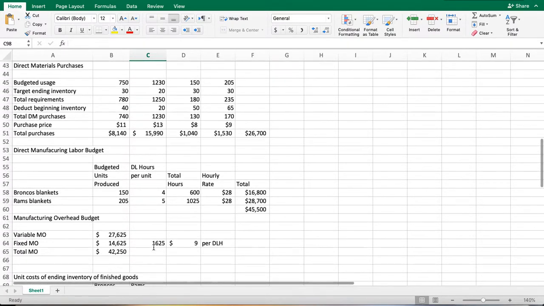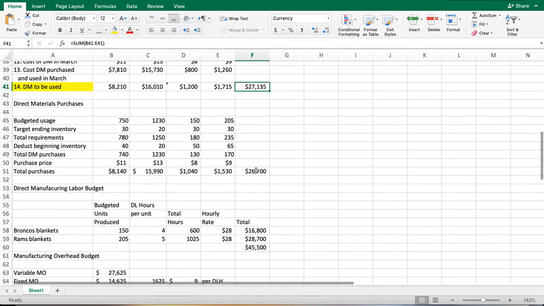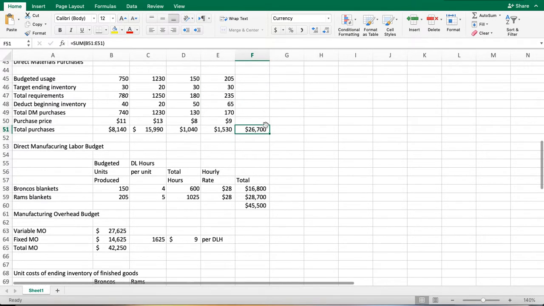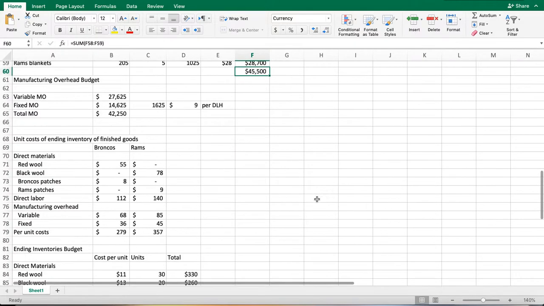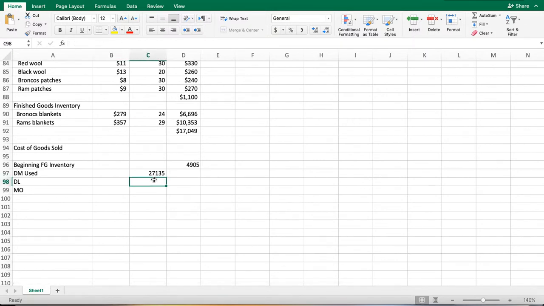And again, I'm pulling this from all these budgets up here. So everything, there's the $27,135. Here's the direct labor, $26,700. I'm sorry, that's purchases. Here's my direct labor, $45,500. My manufacturing overhead is right here, my $42,250. So I'm pulling these numbers down here and using that to calculate my cost of goods sold.